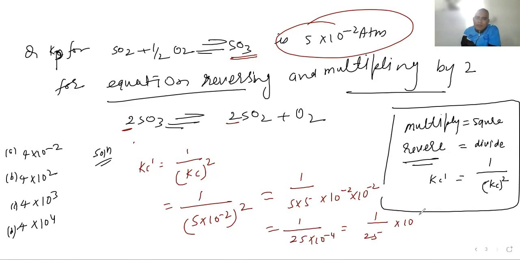The 10 power 4 is going to be numerator. So 1, 2, 3, 4 divided by 25. So 25 fours are 100. So 4 into 10 power 2. This is the answer, 4 into 10 power 2. Our correct answer will be option number B.